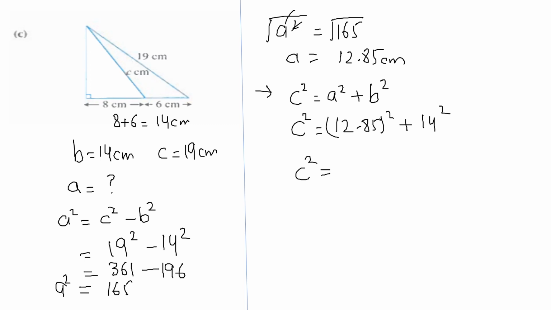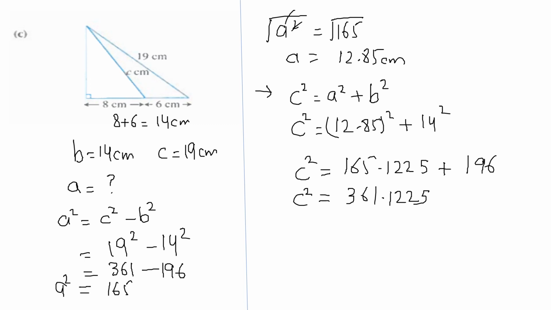12.85 multiplied by 12.85. I will get 12.85 square is 165.1225 plus 14 square is, what is 14 square? 14 square is 14 multiplied by 14, 196, right? And when you add these two, 196 and 165.1225, you will get 361.1225.